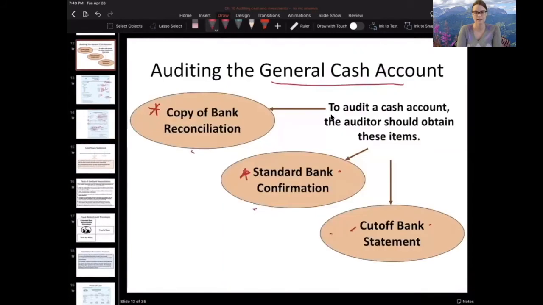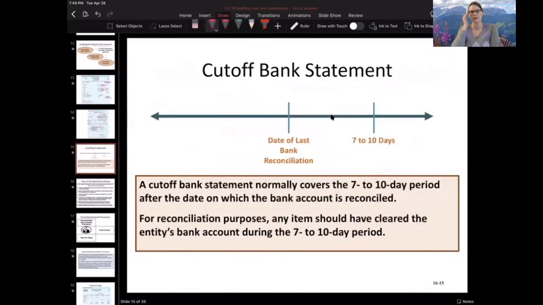So last thing it said we needed here was this cutoff bank statement, right? So the point of the cutoff bank statement is it is a bank statement which you'll see normally covers a 7 to 10 day period after the date on which the bank account was reconciled.